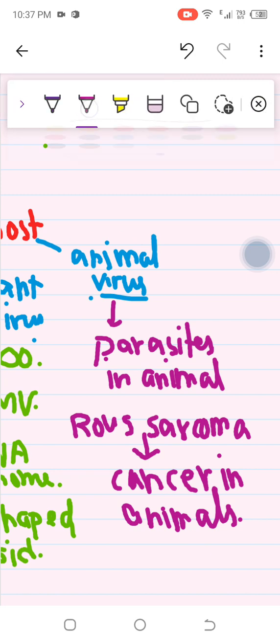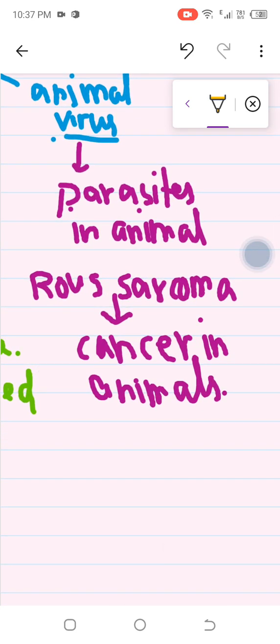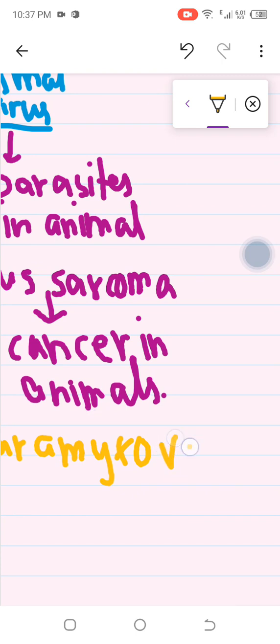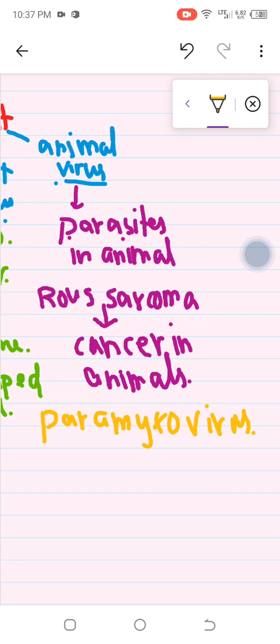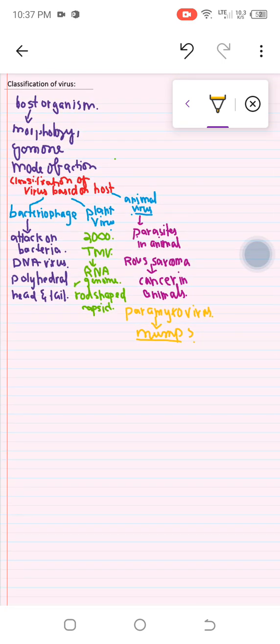This is the most common virus, so remember, this is mostly asked in questions: paramyxovirus. This is the virus which causes mumps. So the classification based on the host is clear to you guys.